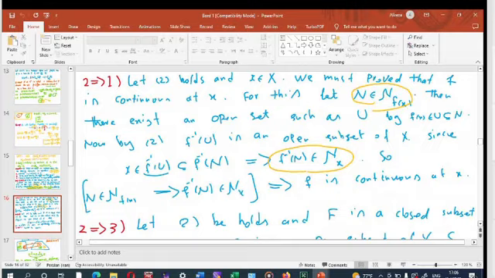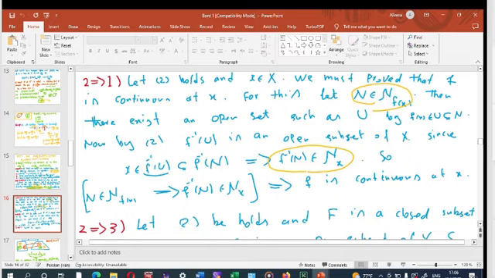2 implies 1. Let 2 hold and x belong to X. We must prove that f is continuous at x. For this, let N belong to the set of all neighborhoods of f of x. Then there exists an open set U with this property.